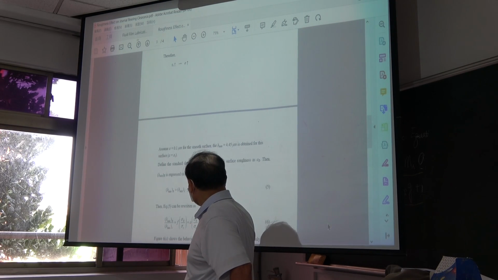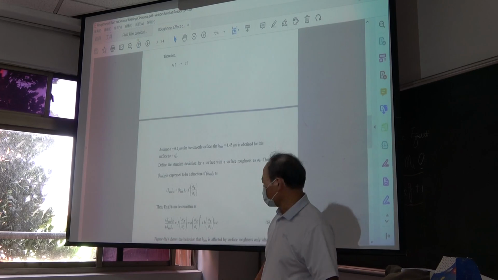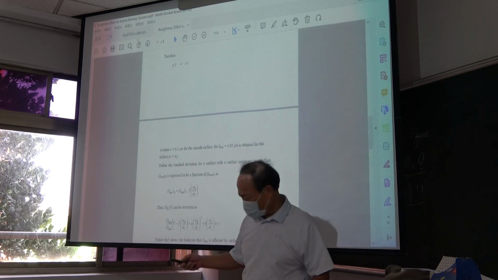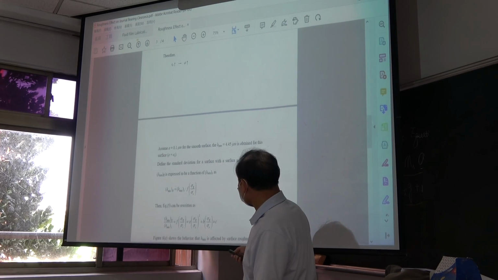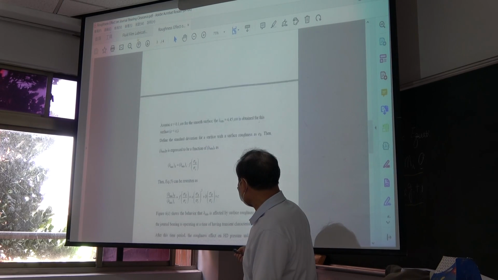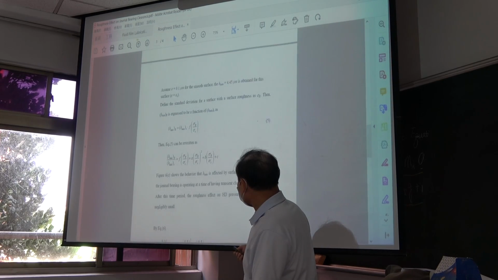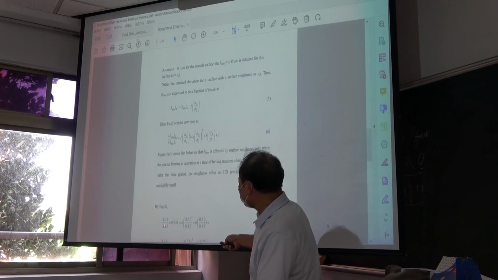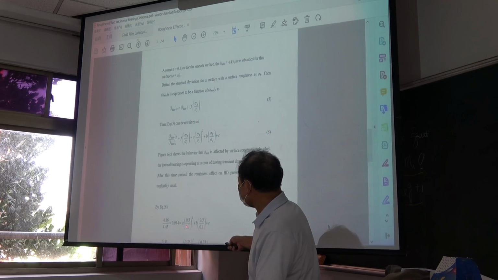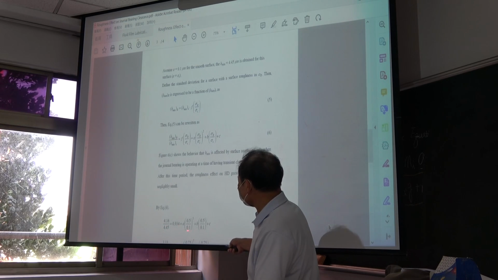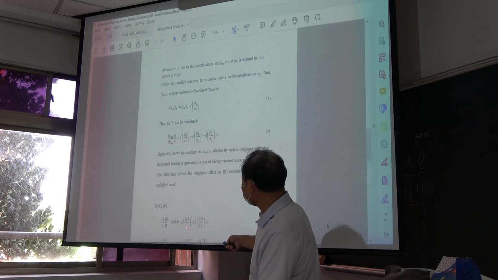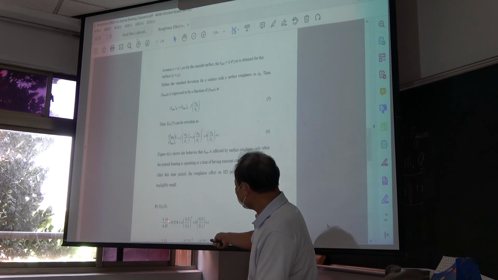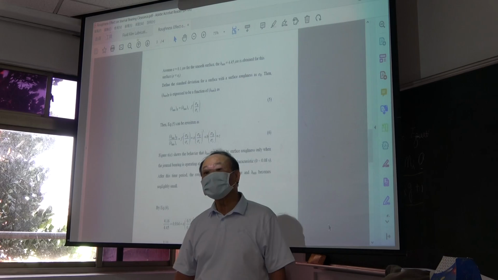We want to determine A, B, C. Now, for the denominator, the standard deviation and the minimum fin thickness, we use 0.1 as the standard deviation for the smooth surface. This is the corresponding minimum fin thickness.